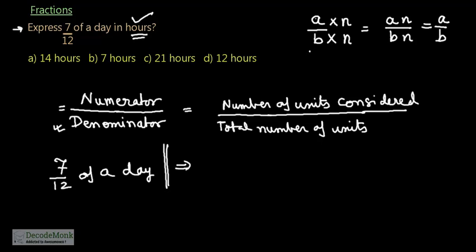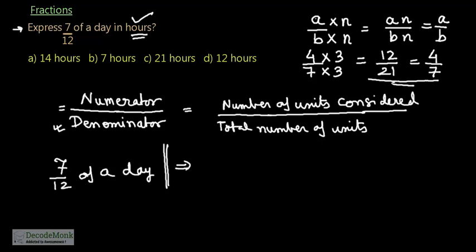Suppose, let me write down 4 by 7. If we multiply the denominator by 3 and the numerator also by 3, we can write 4 3s are 12 and denominator 7 3s are 21. So this 12 by 21 is the same as 4 by 7. So this should be well known to you.